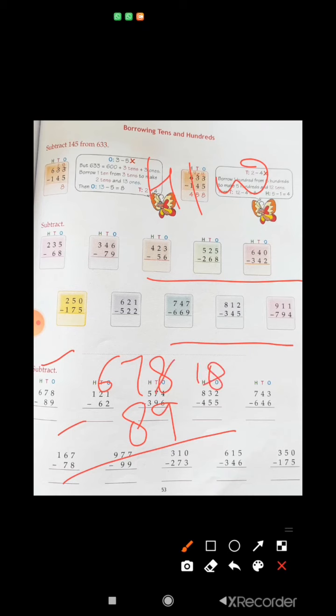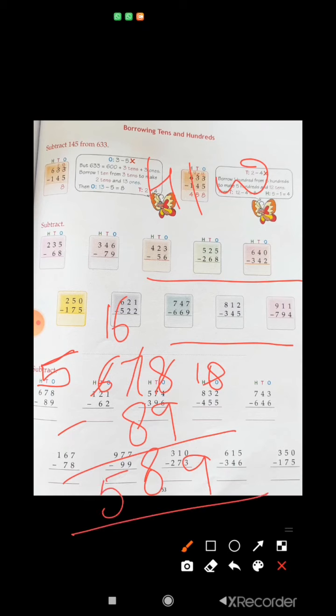Here will be 18 and here 6 remaining. 18 minus 9 is 9. Now subtract the tens. 6 is less than 8. Take borrow from 6. Here will be 16 and here 5 remaining. 16 minus 8 is 8. Now subtract the hundreds. Here nothing is given, right, here 5. 5 minus 0 is 5. The answer is 589.